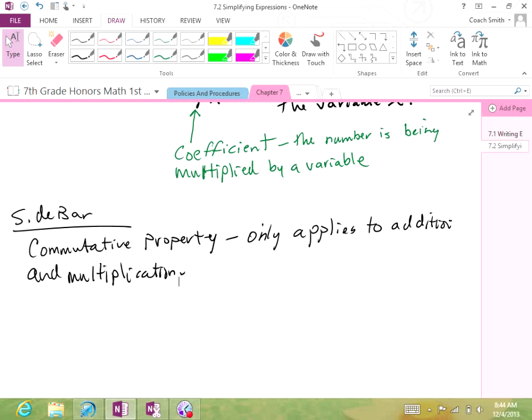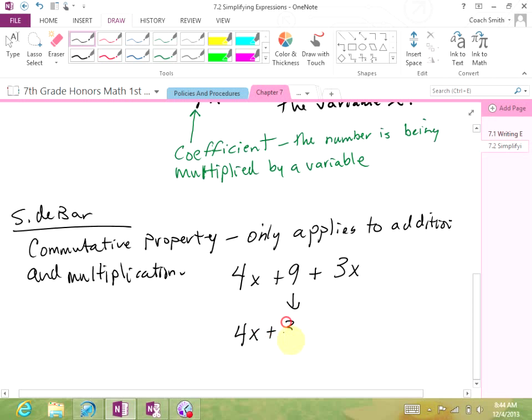I'm fixing to show you what a commutative property is. For example, let's say I had 4x plus 9 plus 3x. Commutative property says I can do this: 4x plus 3x plus 9. And that's the same problem. Commutative property says I can flip addition facts and still get the same problem.